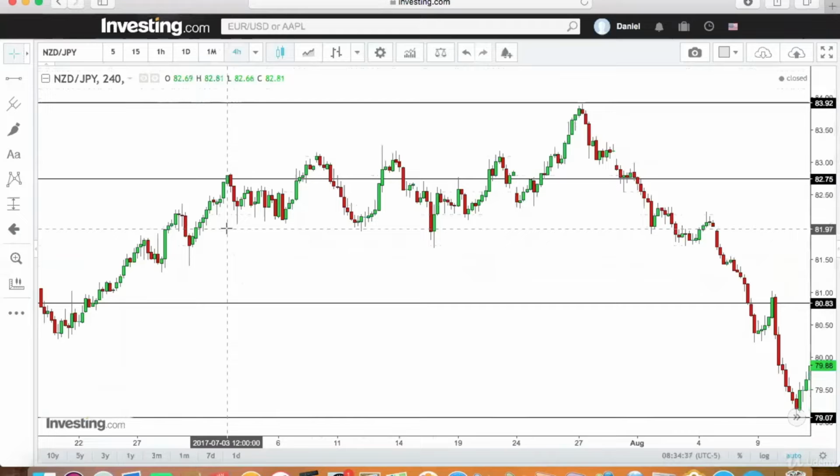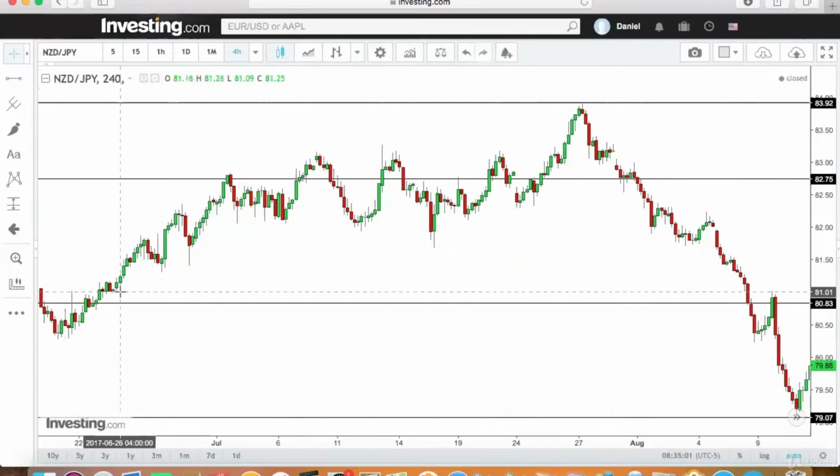But I don't really go past the 4-hour chart because I like to swing trade, and I like to scalp off of the 4-hour chart for better trading ranges in order to pick up bigger moves. The lower you go down on charts, the smaller your moves of trading will be.